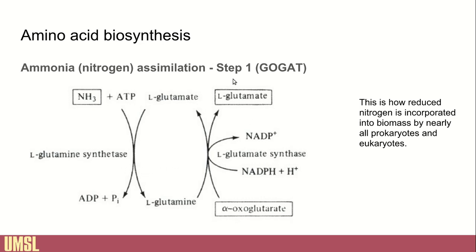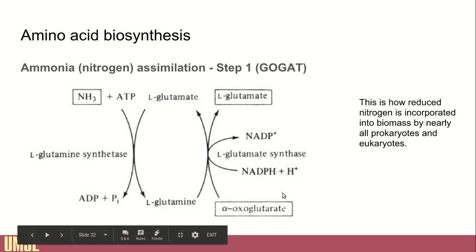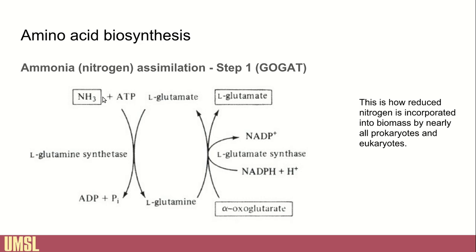So glutamate and alpha-ketoglutarate are incredibly important compounds in cells in many ways because we need to be performing this reaction to get amine groups into this important amino acid pool. So we have free ammonia.